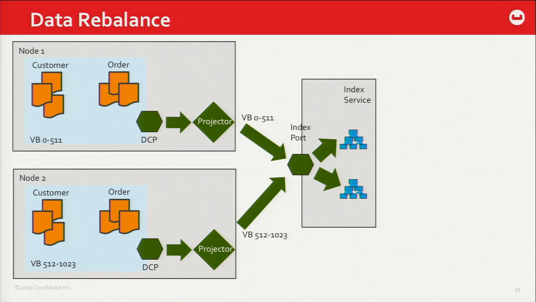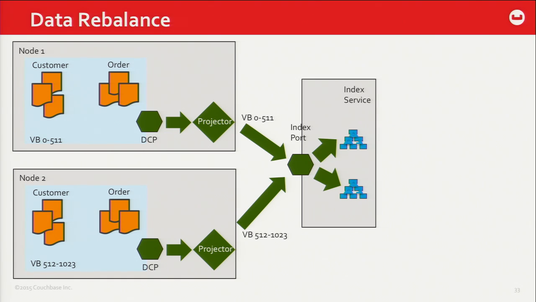Node 1 has vBuckets 0 to 511, and node 2 has vBuckets 512 to 1023. I have a single index service. You can see that each data service has its own projector, and they stream the keys to the indexer node. Node 1 streams the keys relevant to vBuckets 0 to 511, and node 2 streams keys for vBuckets 512 to 1023.